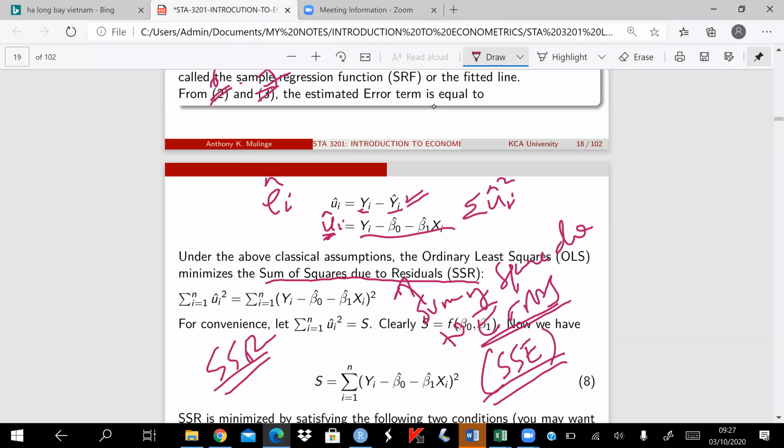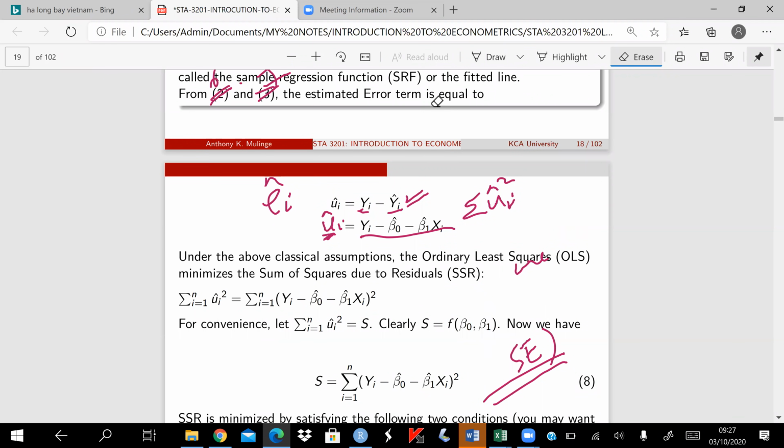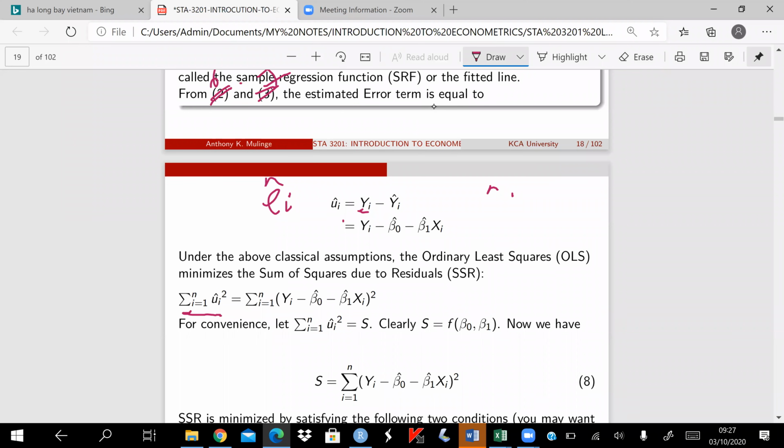So please don't get confused sometimes. So we want to minimize the sum of square due to the residues or the errors. Okay, and because we already have defined the error term above there, this is what we are trying to do. Sum of square due to the errors.